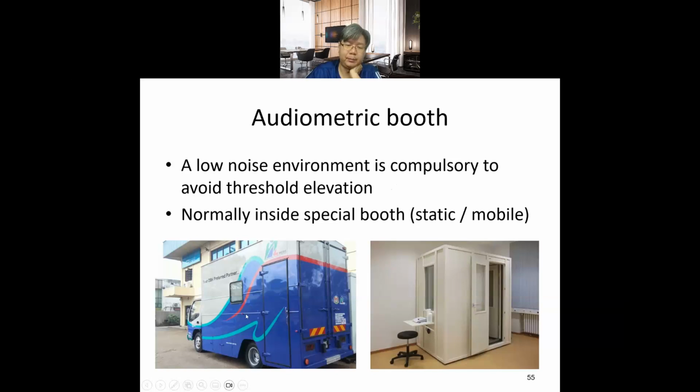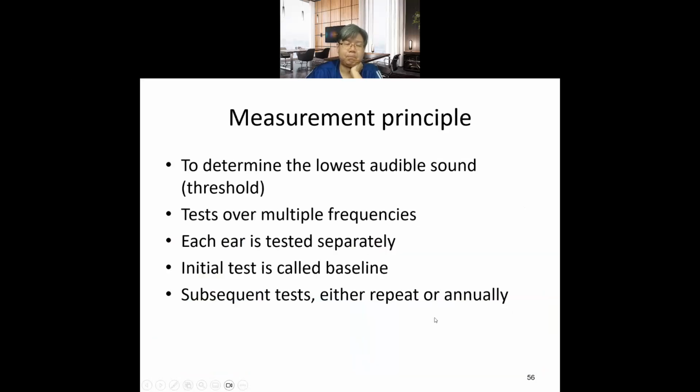And this one is the mobile audiometry. Nowadays we have many mobile audiometries already. It is still acceptable, and BOHS actually accepts this mobile audiometry test also. So if you have many cases, then it's good to have the mobile audiometry rather than the static one. The static one requires going to the clinic to carry out the test.